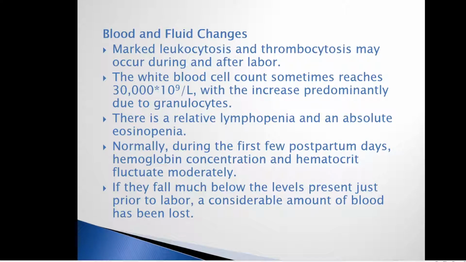There is a relative lymphopenia and an absolute eosinopenia. Normally, during the first few postpartum days, hemoglobin concentration and hematocrit fluctuate moderately. If they fall much below the level present just prior to labor, a considerable amount of blood has been lost.